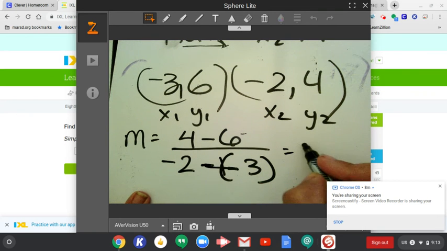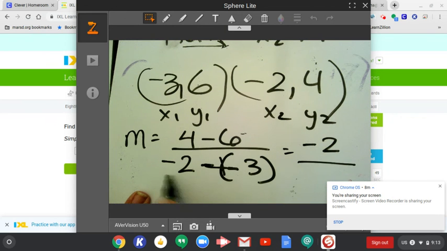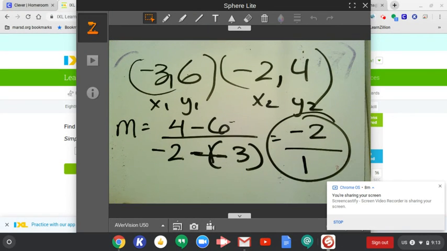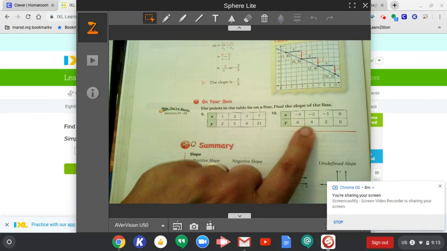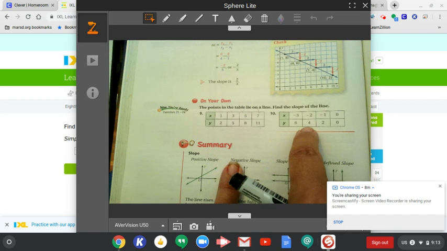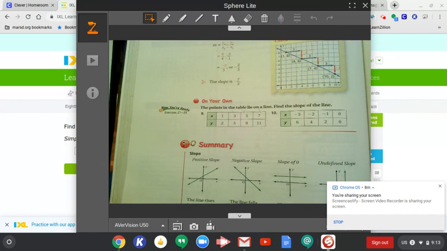So 4 minus 6 is negative 2 because we're taking away more than what we had. Negative 2 plus 3 is the same as 3 minus 2, which is 1. And you can see I get the same answer, negative 2 over 1, as I do by looking for the pattern in the table, down 2 across 1. Okay, so you can see there's a connection between everything.